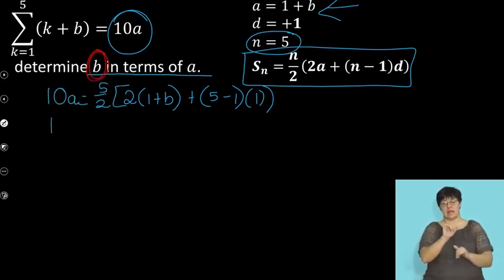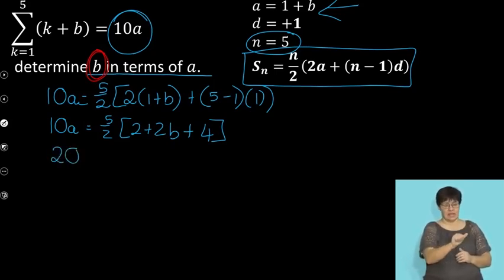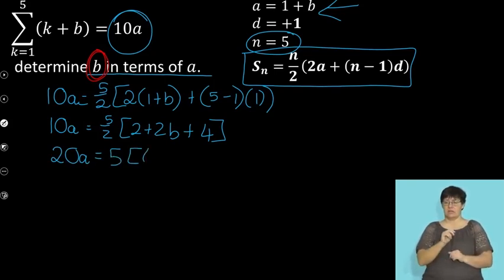So let's continue manipulating this equation. I'm going to have 10a is equal to 5 over 2, in brackets, 2 plus 2b plus 4. To make my life a bit easier, I'm going to multiply both sides of this equation by 2 in order to get rid of the fraction. So I'm going to have 20a is equal to 5 times 6 plus 2b.